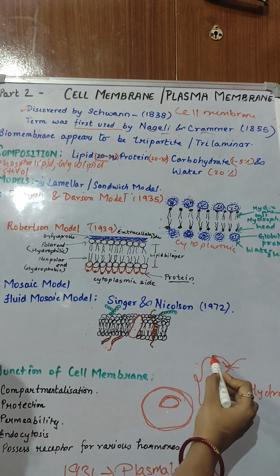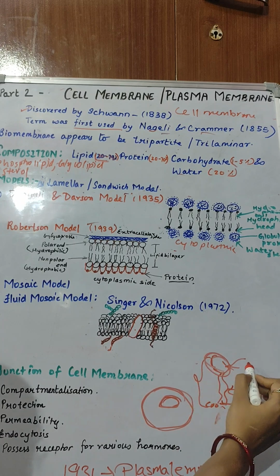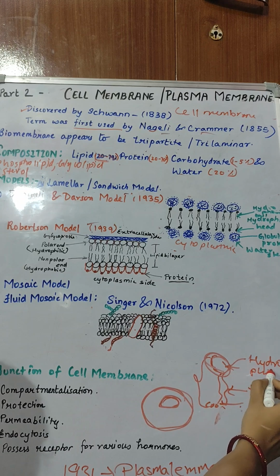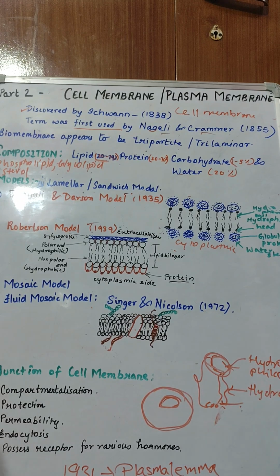Here it has a polar head which is hydrophilic in nature, and the tail is hydrophobic, the fatty acid tail. If it is a fatty acid, then it is non-polar, or you can say hydrophobic. It will move away from the water. So it contains amphipathic lipid molecules.